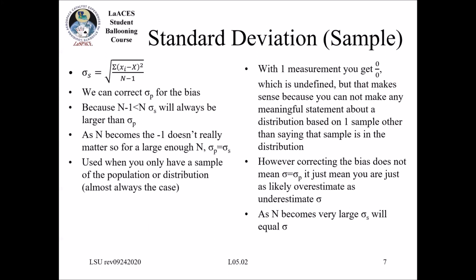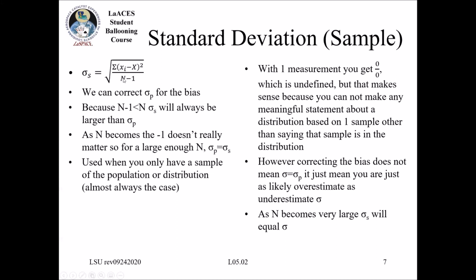What you actually want to use is the sample standard deviation. It's called the sample standard deviation because you only have some subsample of all of the possible values. So you can correct for the fact that you would underestimate the standard deviation before by just replacing the n with n minus 1.